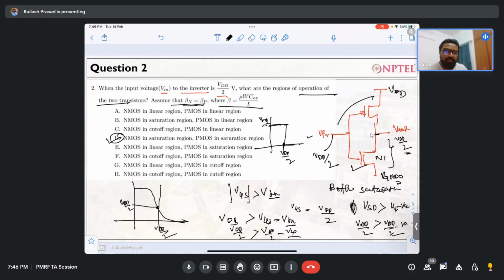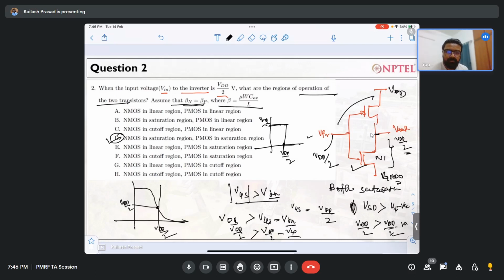In both the cases, the only condition to be satisfied is that VGS should be greater than VTH. Generally our threshold voltage doesn't exceed VDD by 2, so we say the transistor is in saturation. It is not always the case, but most of the time you will see it like that. So the answer is NMOS and PMOS both are in saturation.